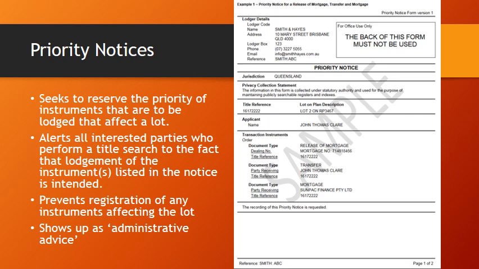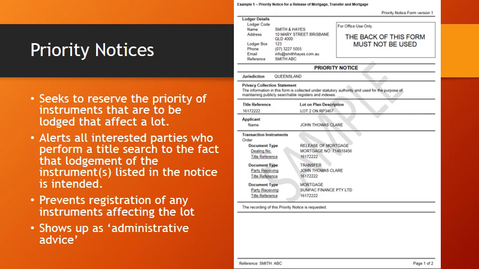He doesn't want this mortgage sitting on the title. But you can see the third document there, he's going to have his own mortgage from Sunpac Finance. So the existing mortgage comes off, which goes away with the old seller. He then lodges his transfer document to ensure that he becomes the new registered owner of the fee simple. And then you've got Sunpac coming straight after that, registering their mortgage.